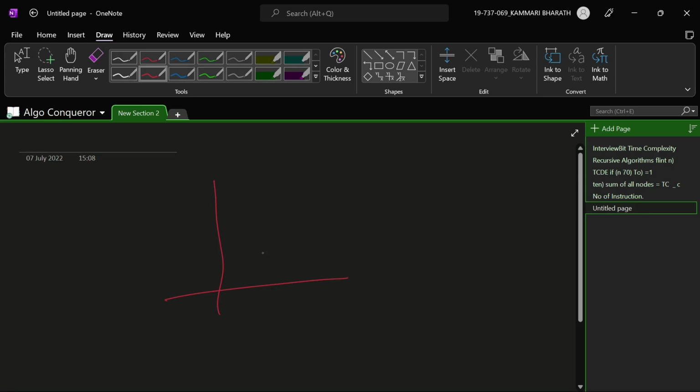Now, there are two functions. This is n, this is f of n. Let's say one function is constant and one function is linear. This is f of n equal to n, and this is f of n equal to a constant. Now let's say this is n naught.